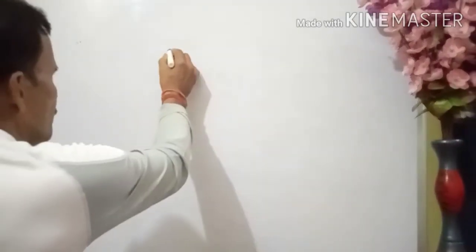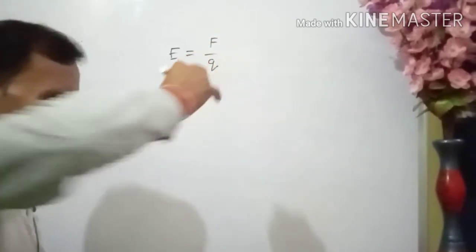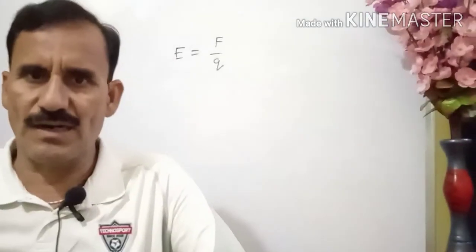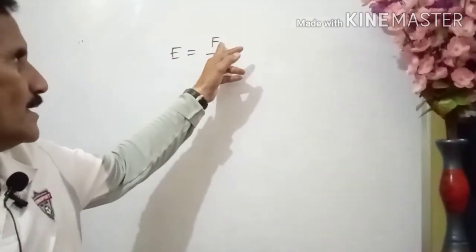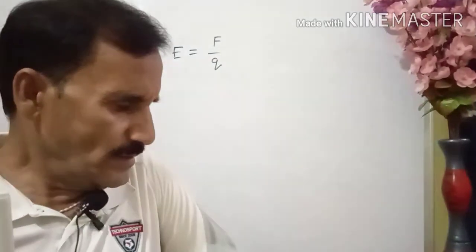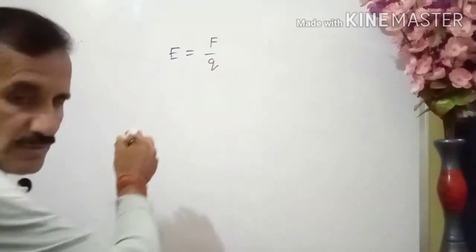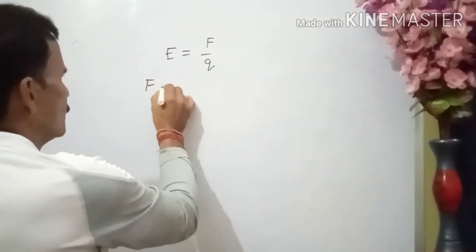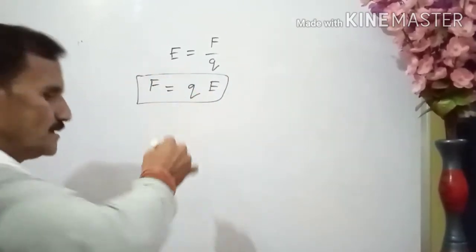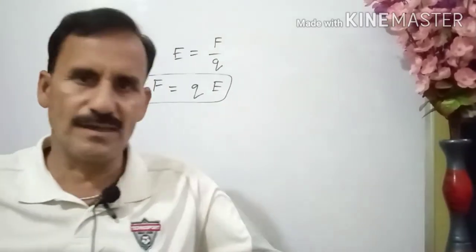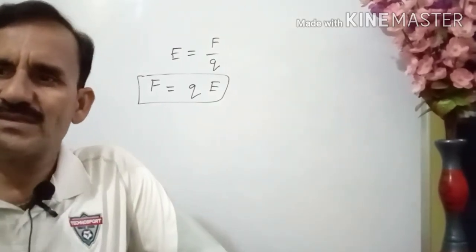E is always given by E is equal to F upon Q. So if there is a point charge and an electric field, then there is always an electric force, F is equal to Q into E. So whenever a charge is placed in an electric field, there is always a force acting upon the charge.